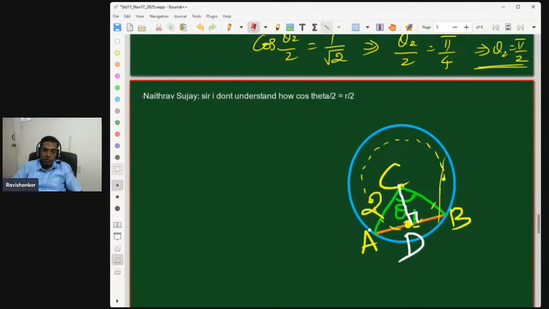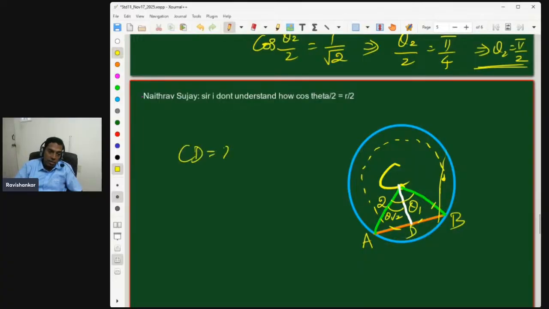Naitra, what is happening here is that this chord is subtending an angle theta 1. Now this is 2. So this is theta 1 by 2, and this distance CD is equal to R1.